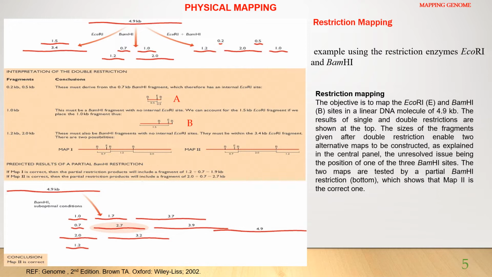Now, if the sequence in map 1 is correct, the two fragments 1.2 plus 0.7 should give a 1.9 kb fragment, while if map 2 is correct, 2 plus 0.7 kb should give a 2.7 kb fragment for the partial digest with BamH1.